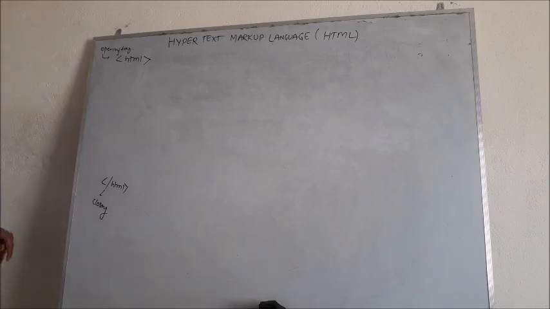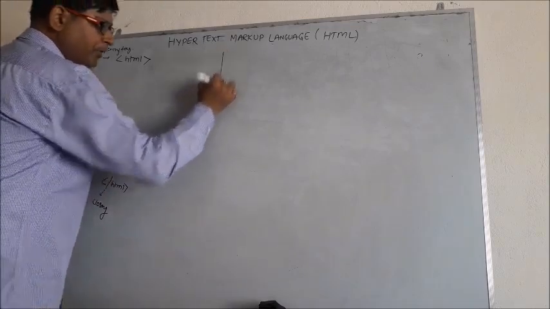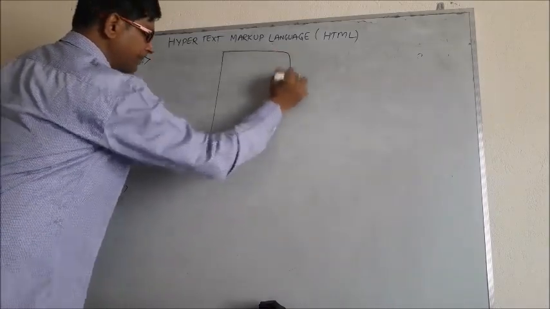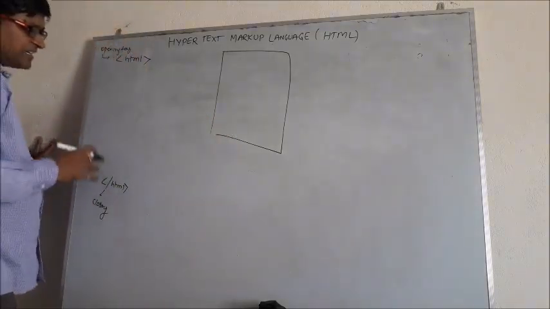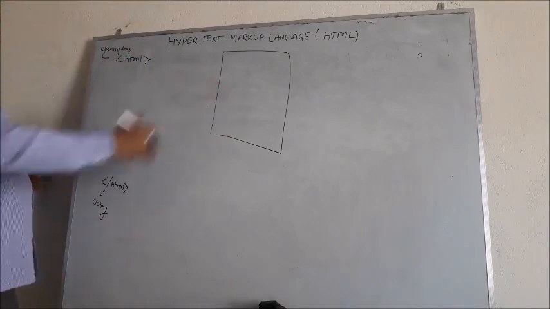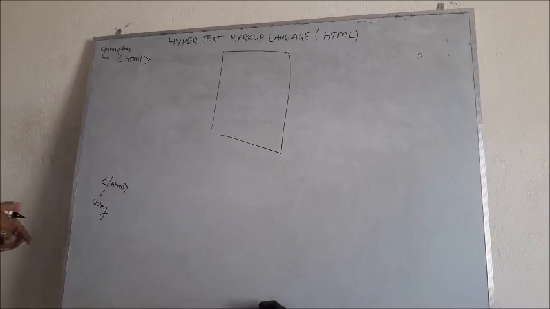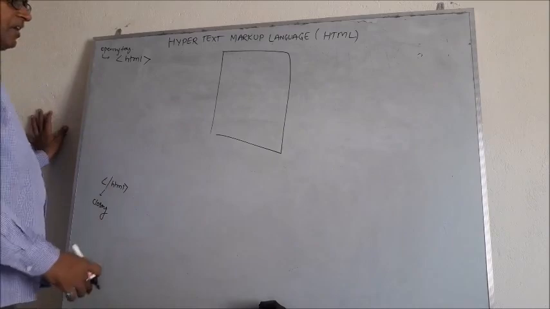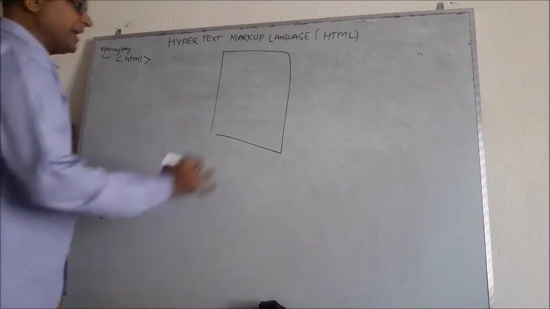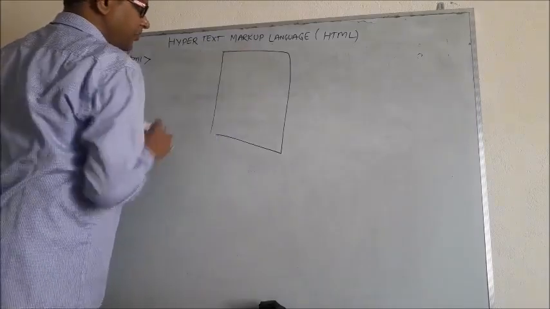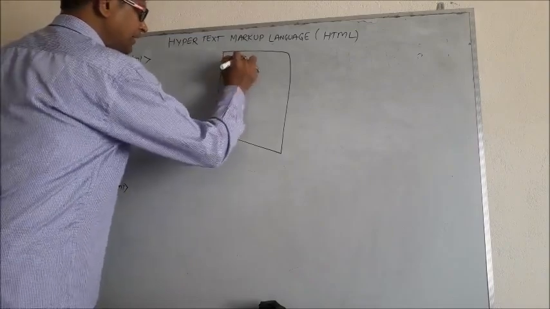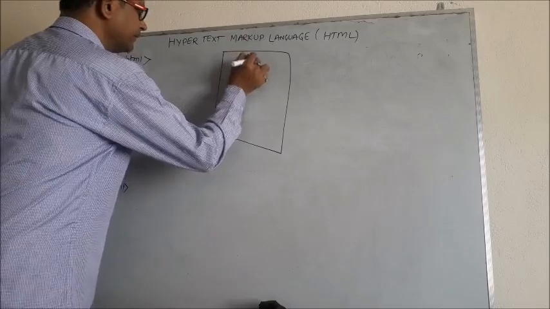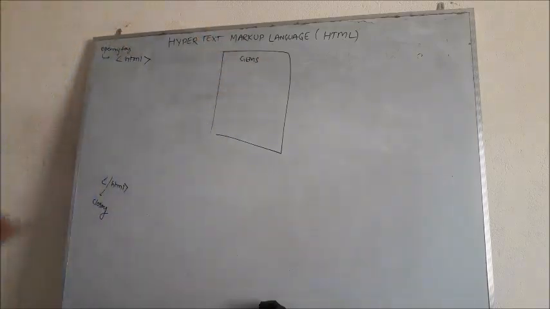Okay. Suppose this is your document, or this is your web page, right? I want to correlate this coding with your web page. Now if you want some heading in a web page, suppose your gems should be written here as a header, right?